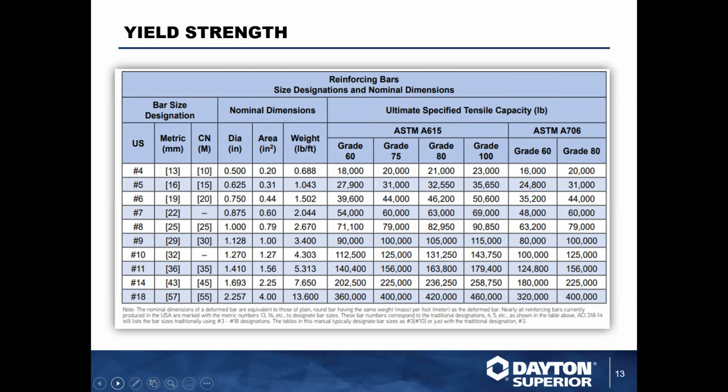A615 is a lot more common here on the East Coast than in the Midwest. A706 starts in the Midwest and works to the West Coast as the predominant rebar. That doesn't mean that there isn't A706 being used on the East Coast. The A706 is used quite often on a lot of different projects. It's a little bit more ductile than A615.